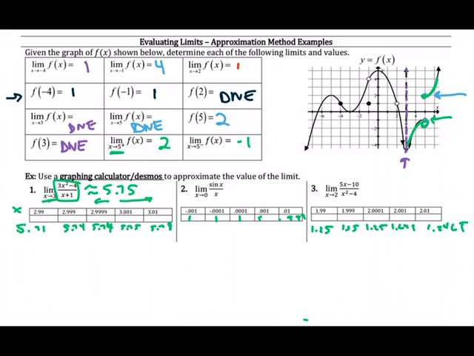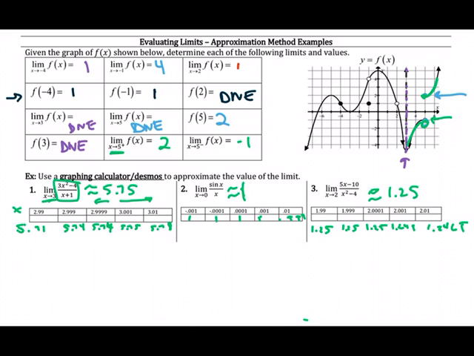And even when I went to the right, I was getting exactly 1, which makes me believe that this limit is approximately 1. And I'm putting approximately because we haven't really done any math to verify this other than just analyzing what we see. So we're still making a guess here. And then number 3, it seems to be hovering around 1.25 both above and below.